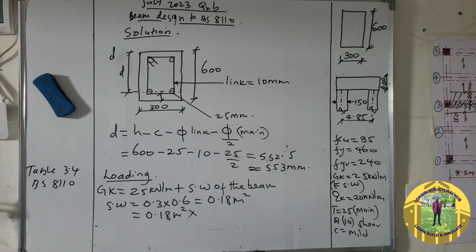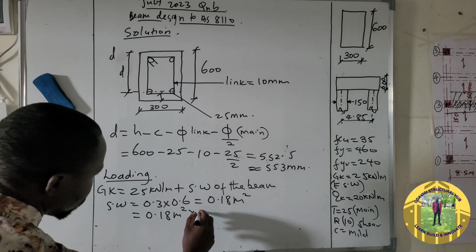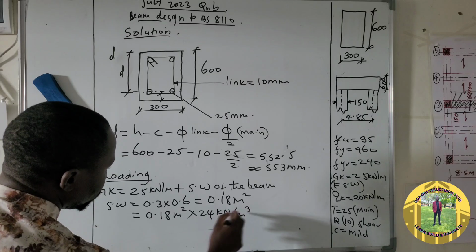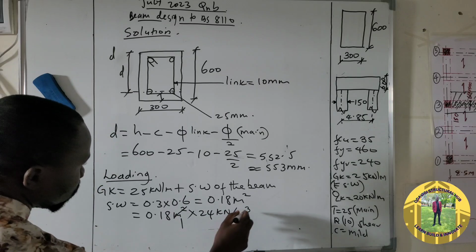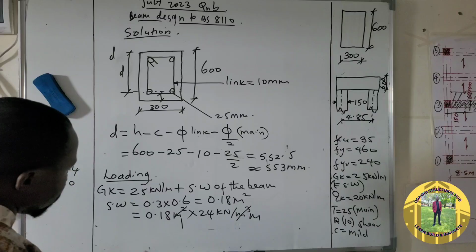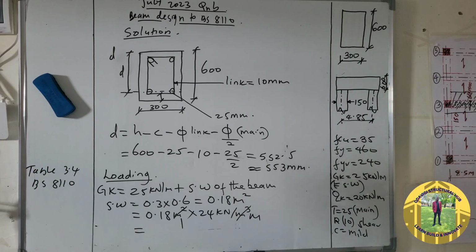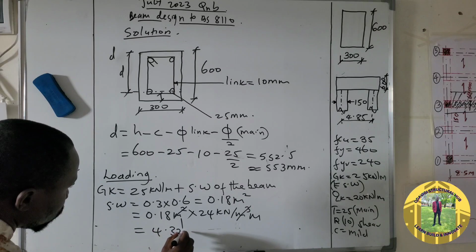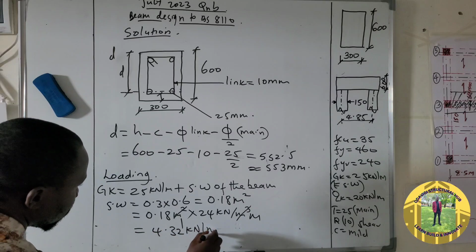Since we have not been given the unit weight, we will assume 24 kilonewton per meter cubed. So the meter square cancels with the meter cubed, and 0.18 times 24 is 4.32 kilonewton per meter.